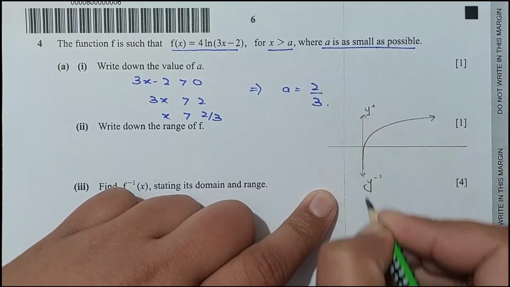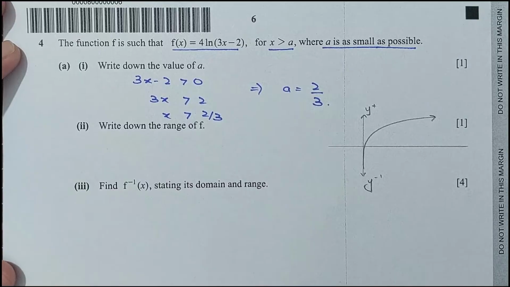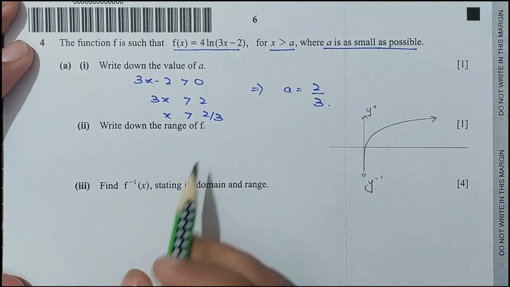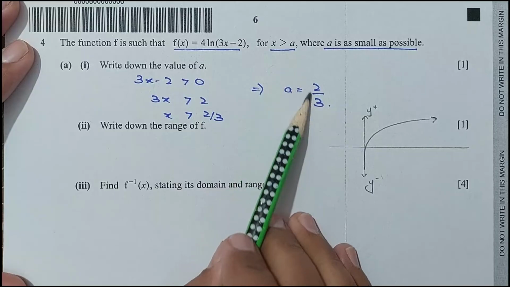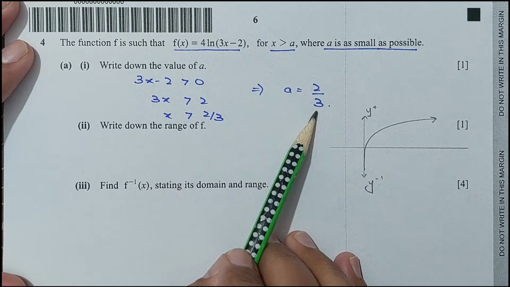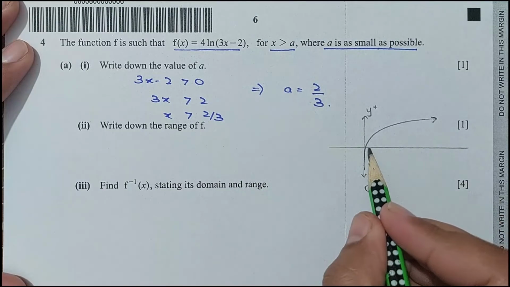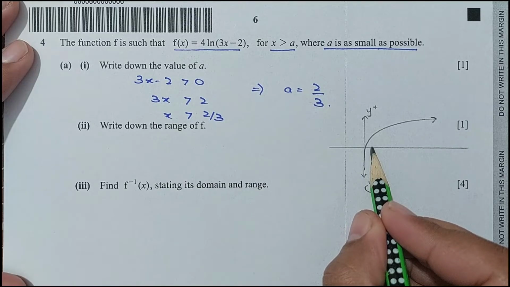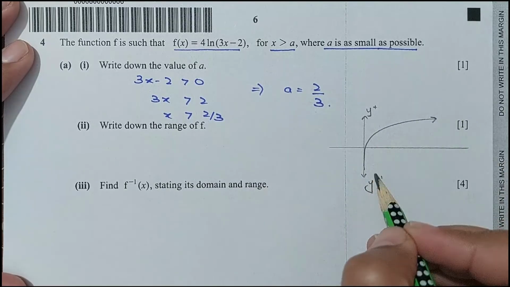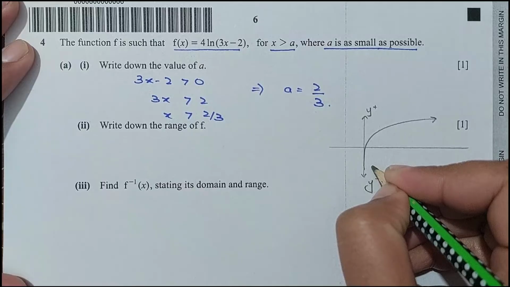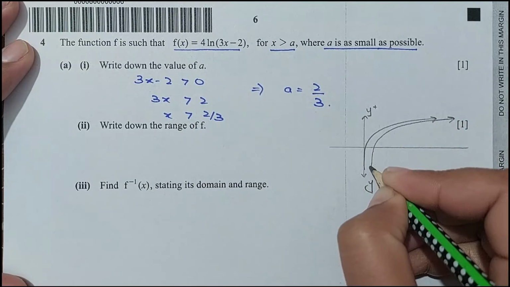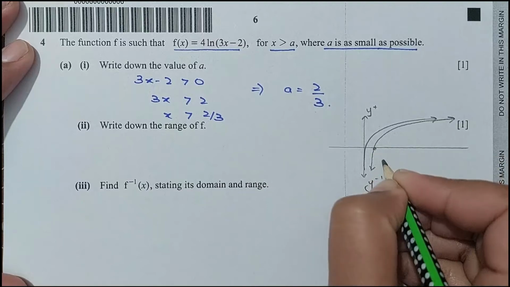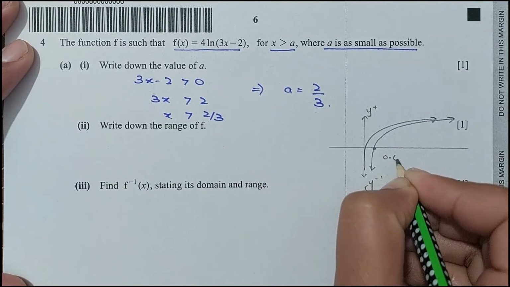So it covers all the y values, 0, positive and negative. So for this function, when the domain is x greater than 2 by 3, 2 by 3 is basically 0.67. When the x value is more than 0.67, what are the y values? This should be the range, the curve in this case. This is, let's say, 0.67.